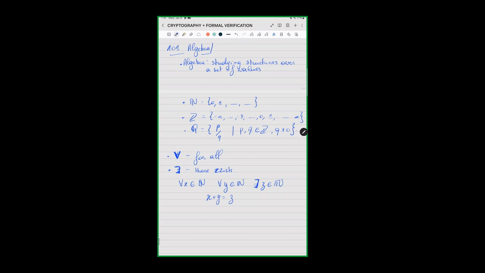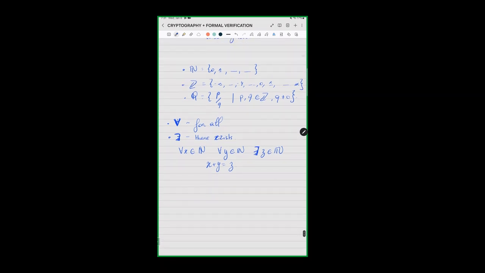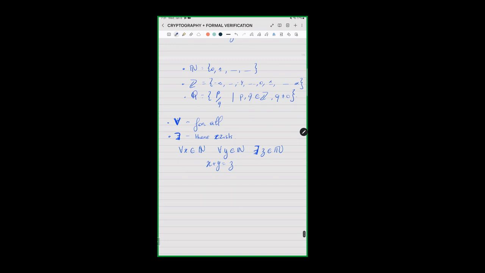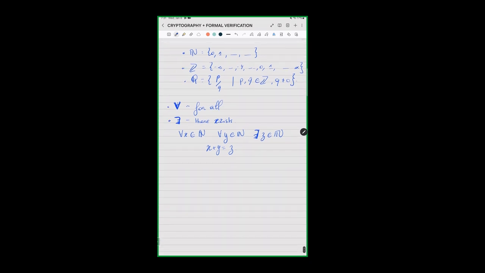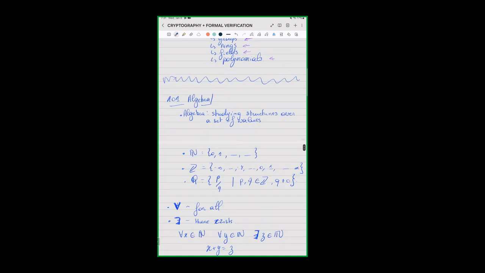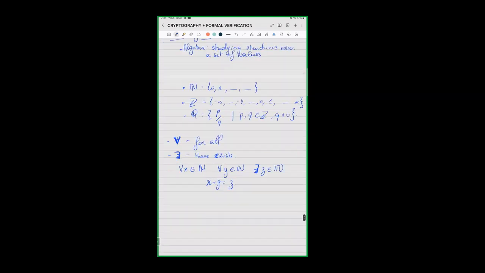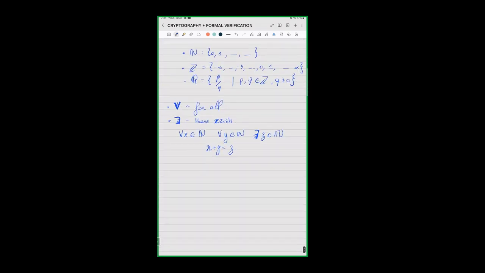And here is just the addition on the naturals. So just try to get familiar with these notations. The exists symbol is like a reversed E. It's what we're going to use to define the different properties. So that was simply for the notations.